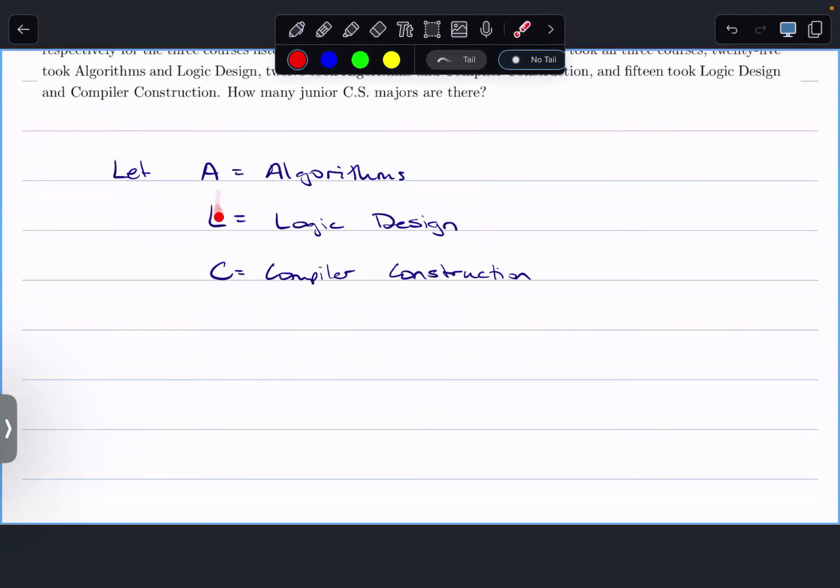It's good to get in the habit of denoting these shorthands and giving a legend. If you forget, as long as you use obvious letters, it's okay. But I'd love to see it.